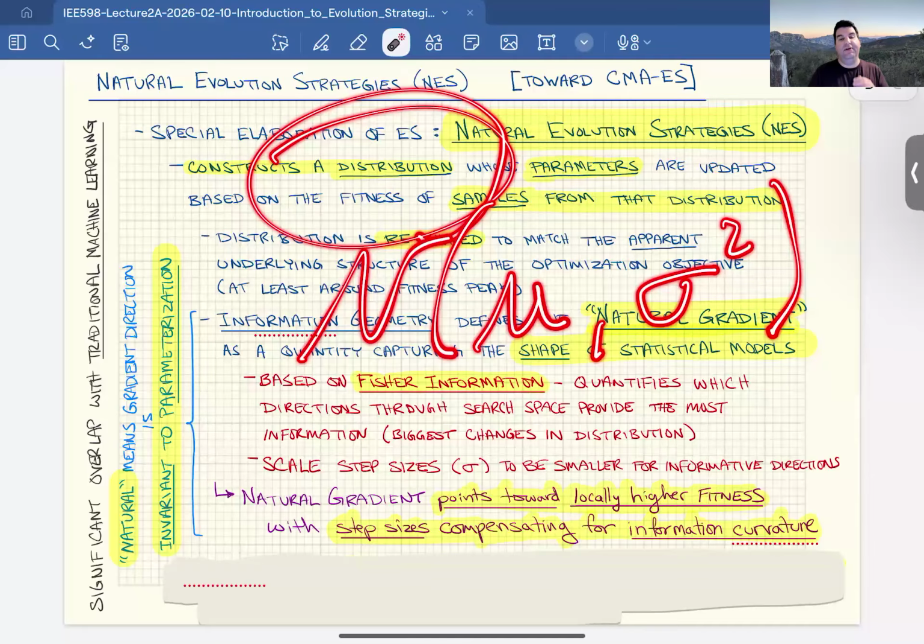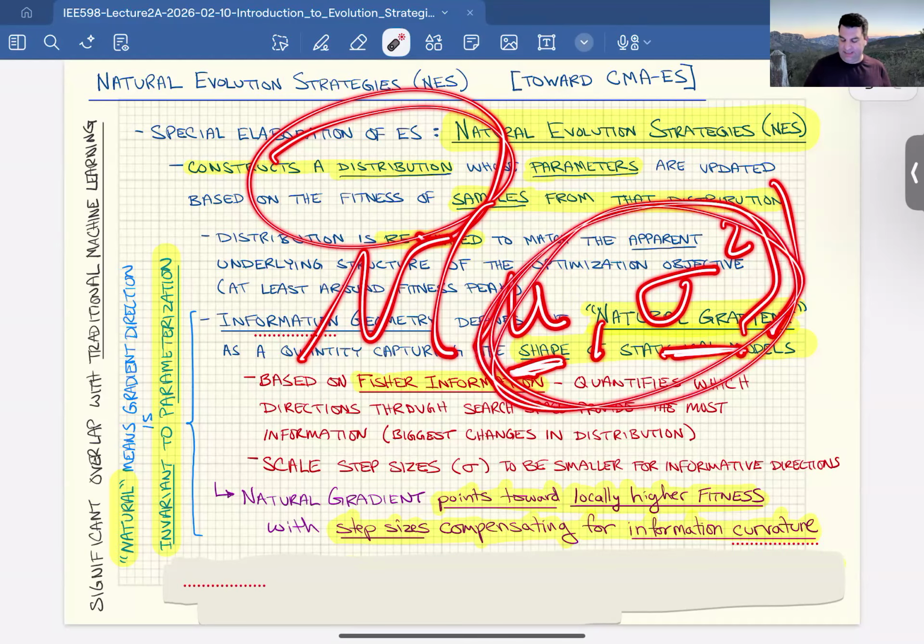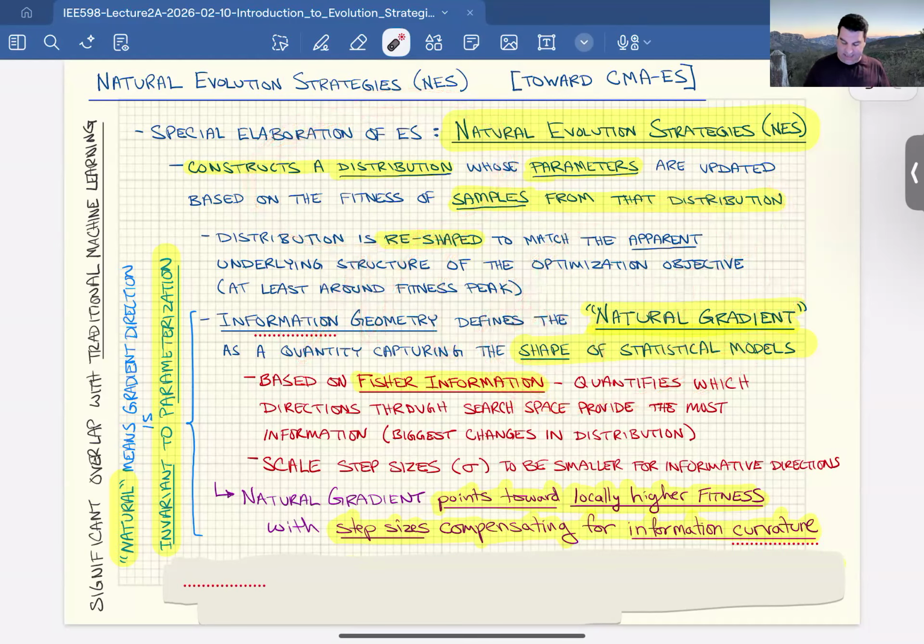And so we can think that we're trying to update the mean and the variance of that distribution, and those two things are being stepped through the options, so that the next samples from that normal distribution are going to then give you information about how to continue to change those two parameters to move towards higher and higher fitness.